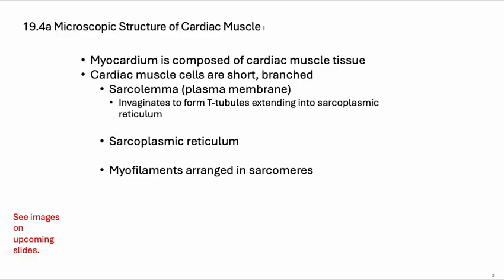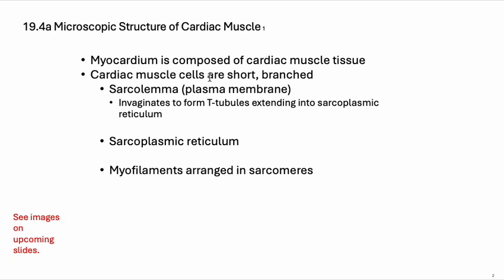So when we look at our cardiac muscle tissue, it shares some similarities with the two other types of muscle tissue, right? So if you recall, we have cardiac muscle tissue, skeletal muscle tissue, and smooth muscle tissue. What makes cardiac muscle tissue unique is some of its structure and some of its other physiological properties that we'll discuss.